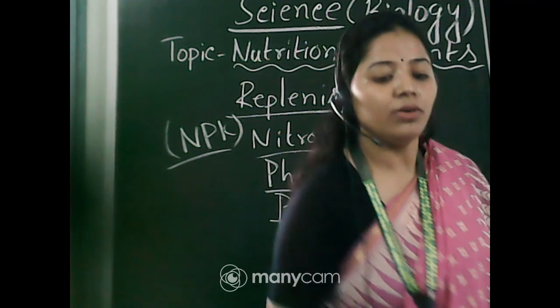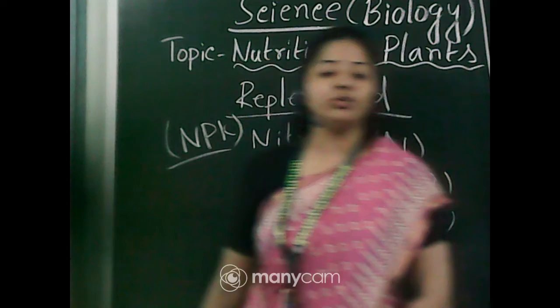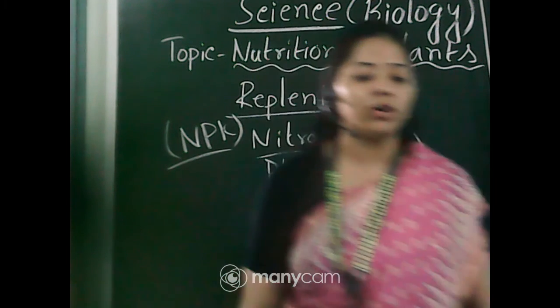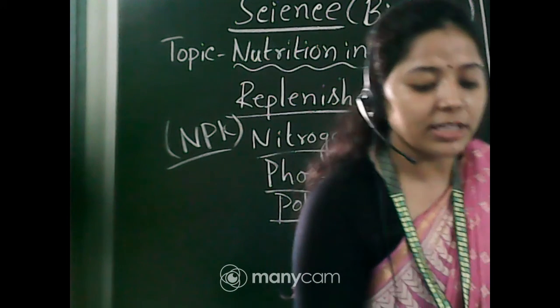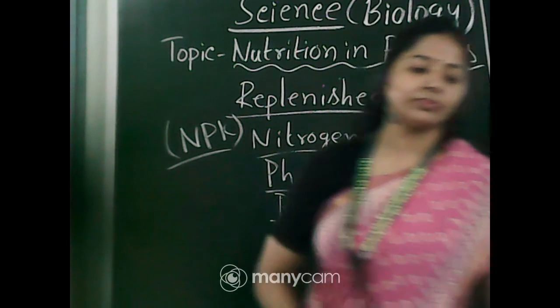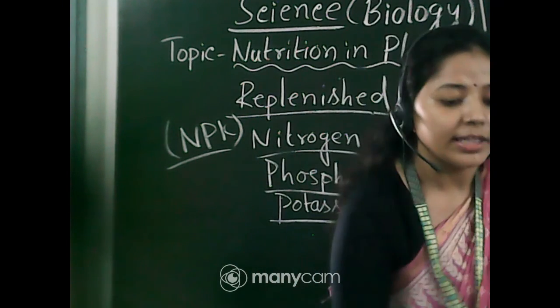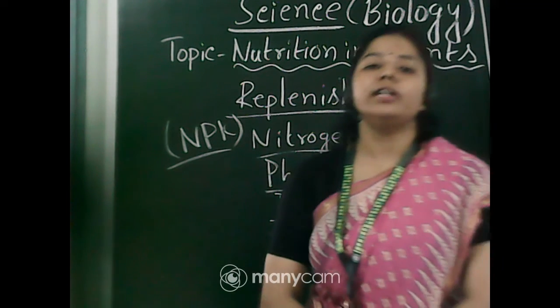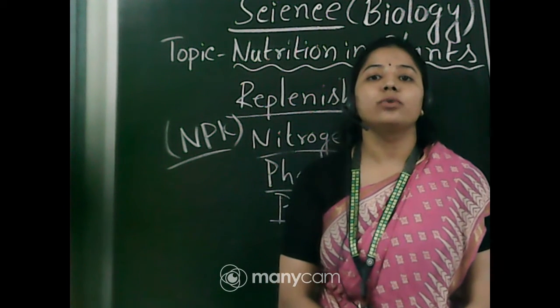Okay, now another way to replenish soil is to grow leguminous crops, for example grams, peas, pulses, etc. So first we can replenish by adding manure and fertilizer, and second by growing leguminous plants.